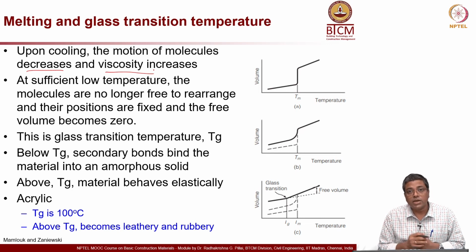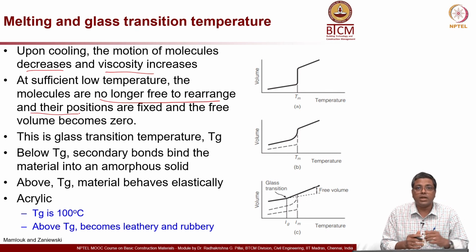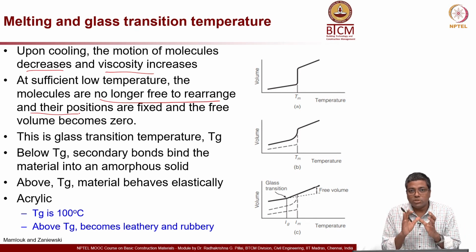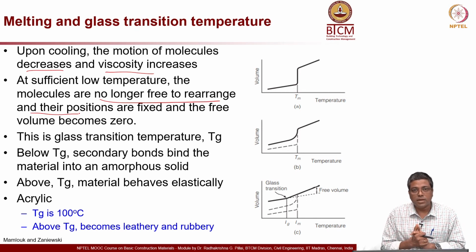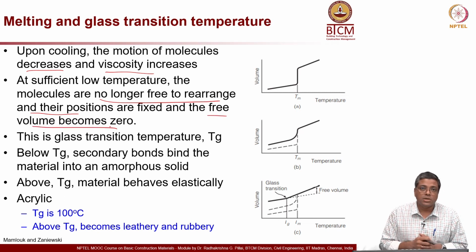Now, at sufficiently low temperature, the molecules are no longer free to rearrange and their positions are fixed, and there is no further volumetric expansion or volume change possible. So, we can call free volume becomes 0.